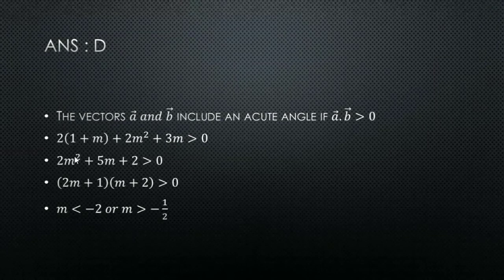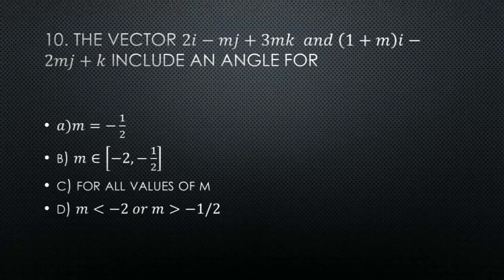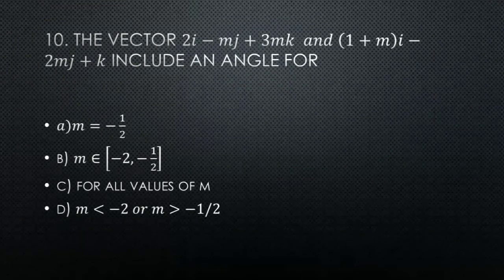Now if you multiply this, 2m square plus 5m plus 2 is greater than 0. Now simplify this, the value of m will be less than minus 2 and m is greater than minus 1 by 2. So possible values are m is less than minus 2 or m is greater than minus 1 by 2. If you substitute such a value for m, then it includes an acute angle.